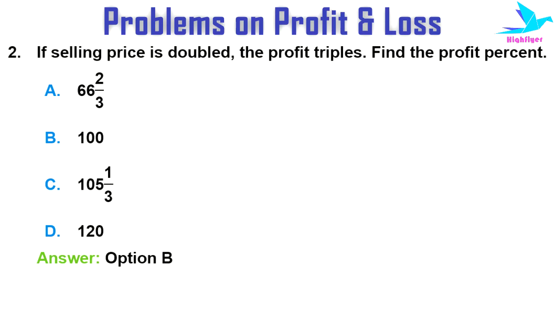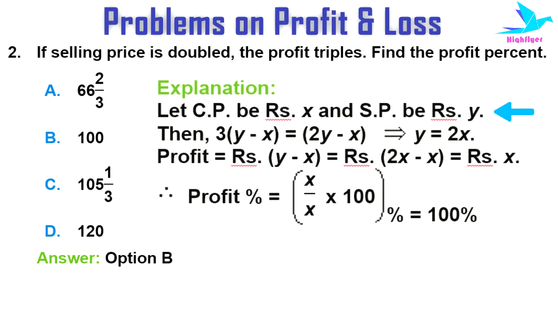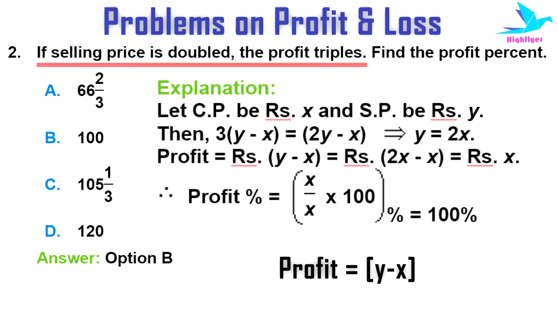Let's see how. First let's consider cost price as rupees X and selling price as rupees Y. So here profit will be Y minus X. Now as the condition given is that if selling price is doubled, the profit triples, that means 3Y minus X will be equal to 2Y minus X. By simplifying this equation, we are getting Y equals 2X.